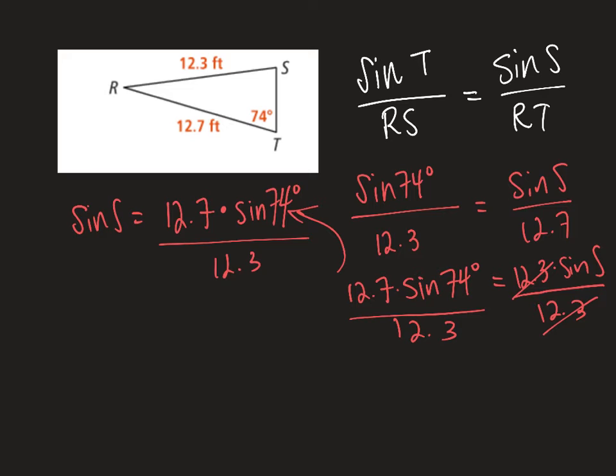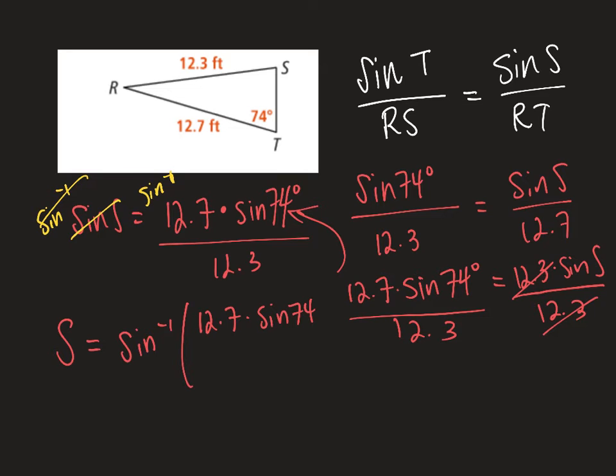Now remember, when we solve, we take the inverse sine on both sides. Those are going to cancel. So in order to get S degrees, S is going to equal, and this is the tricky part, the inverse sine of 12.7 times the sine of 74 degrees, all divided by 12.3.